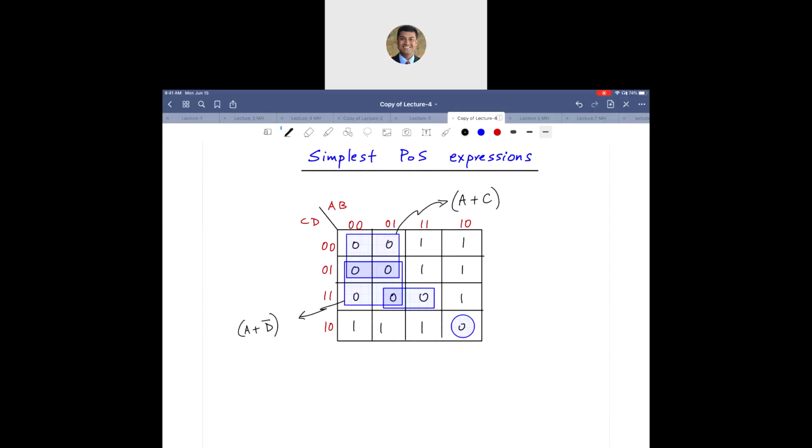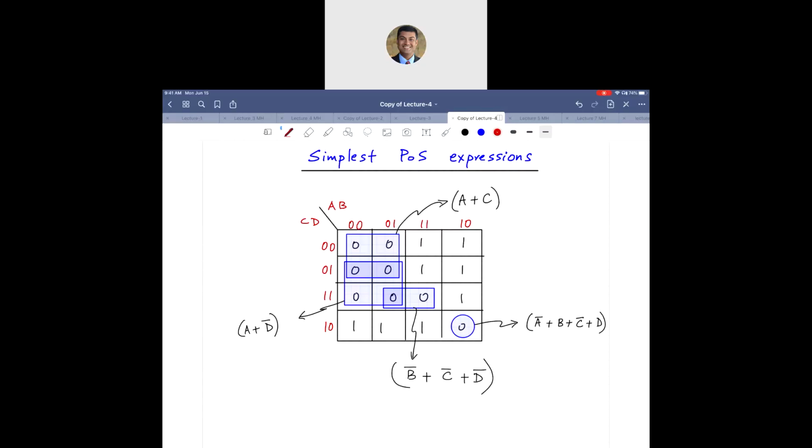All right, next let us write it for this group of 2 zeros. What do you have here? You have A changes, B is 1, C is a 1, D is a 1. Next, for that guy, A is a 1, B is a 0, C is a 1, D is a 0.